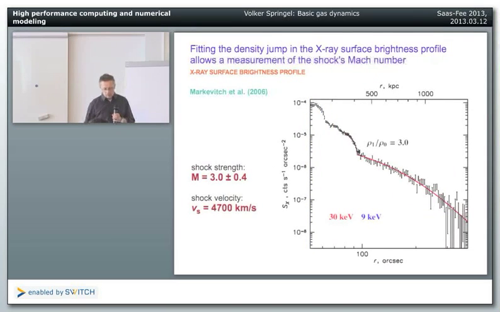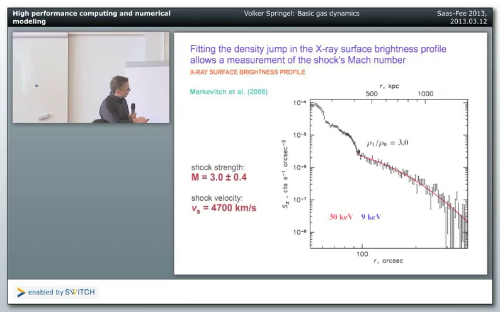But you can do more now with the Rankine-Hugoniot jump conditions. You can, for example, look at the surface brightness profile of this cluster. These are the observations here, and then you make a model that has this sharp shock feature in there that compresses the gas by some factor that's just given by the Mach number.